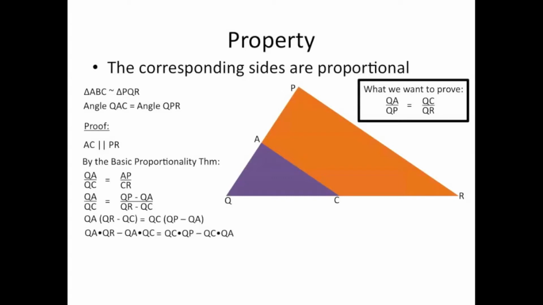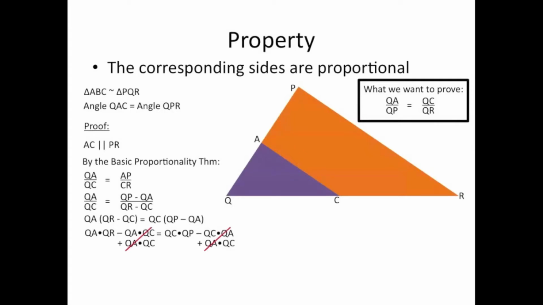If you notice, these two parts of the equation are actually equal. QA times QC and QC times QA is the same as saying 2 times 3 and 3 times 2. Since they are equal, we can add QA times QC on both sides, and that will cancel these two out.